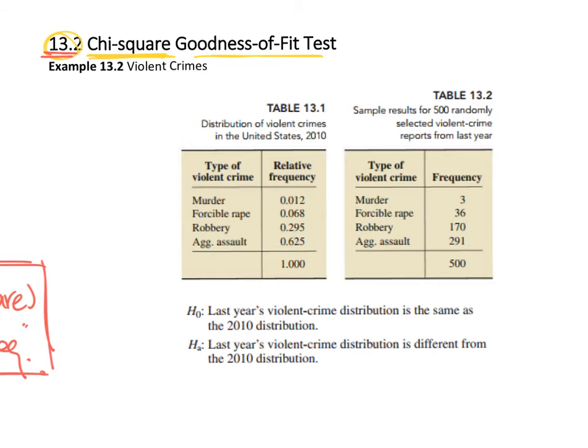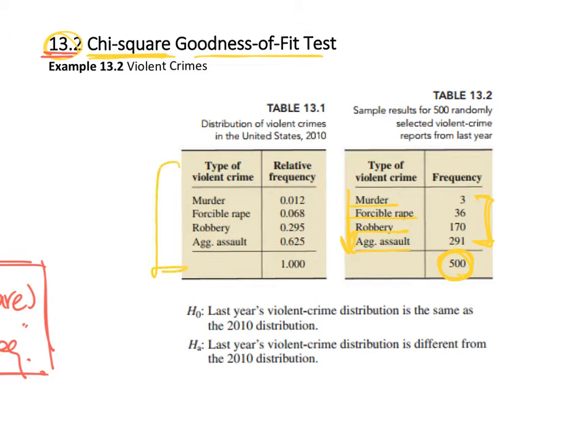Here's an example. Here are the types of violation. We have 4 types, and these are the frequencies, the counts, from the 500 sample.